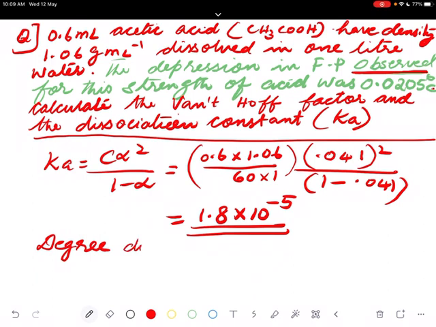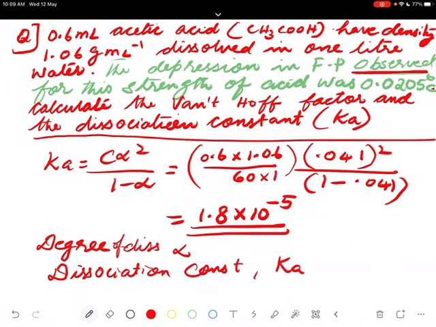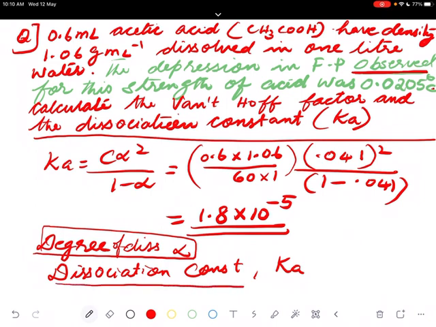Degree of dissociation is alpha. Dissociation constant is Ka. So take care, degree of dissociation is alpha and dissociation constant is Ka. When the question comes for dissociation constant, students find out the degree of dissociation and they stop. No, you have to proceed till Ka.